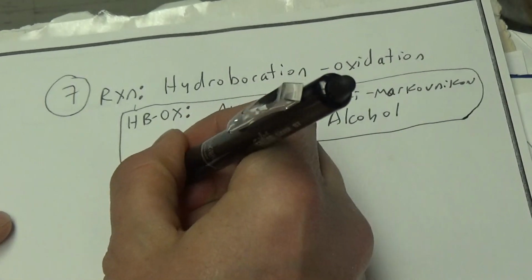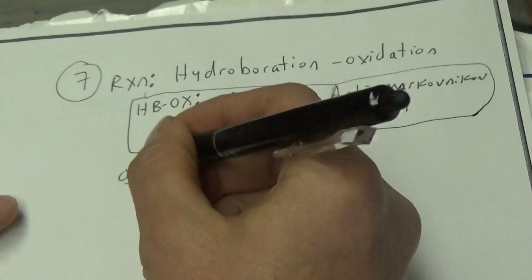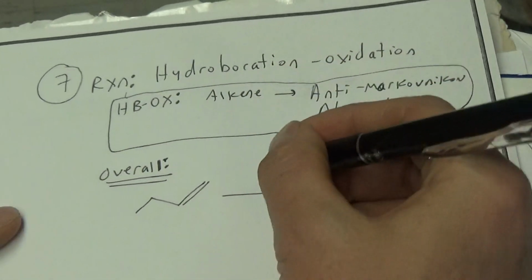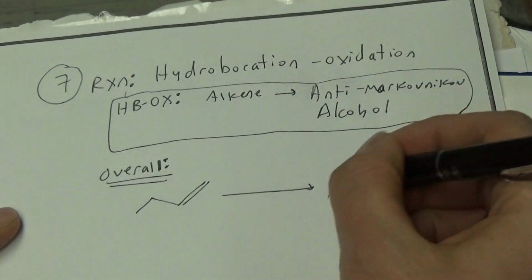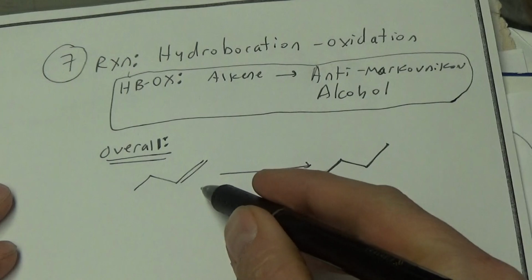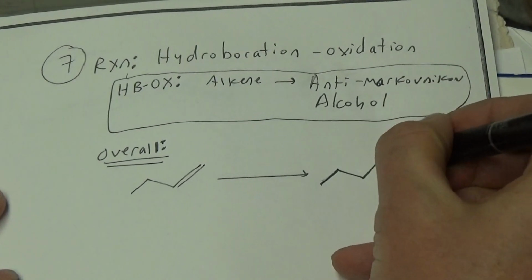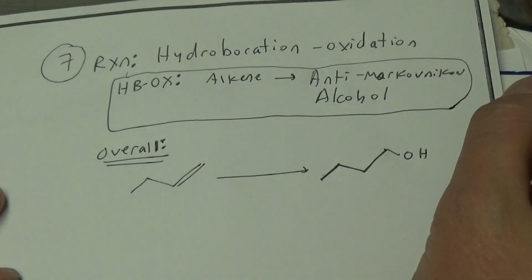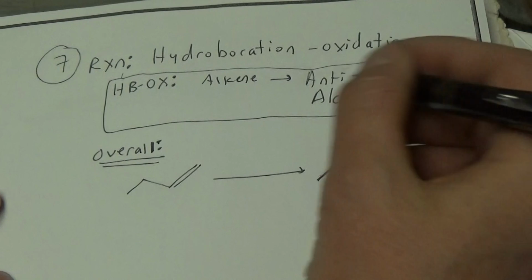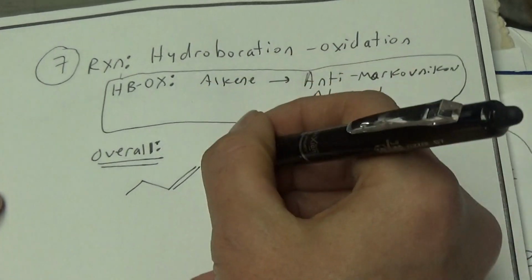Alright, so overall, what do I mean by anti-Markovnikov alcohol? And what's the general reaction and the reagents? So, what is the anti-Markovnikov alcohol of this alkene? Is it more substituted or less substituted? It's less substituted. So the alcohol goes on the less substituted side. What are the reagents to cause this?